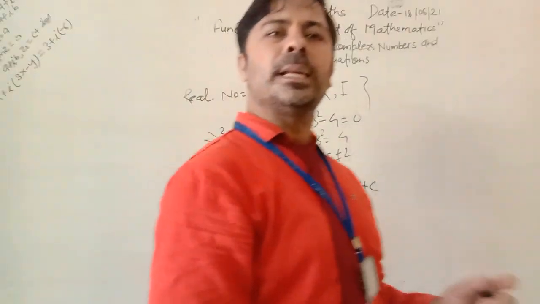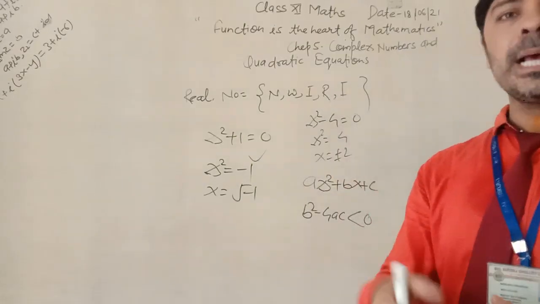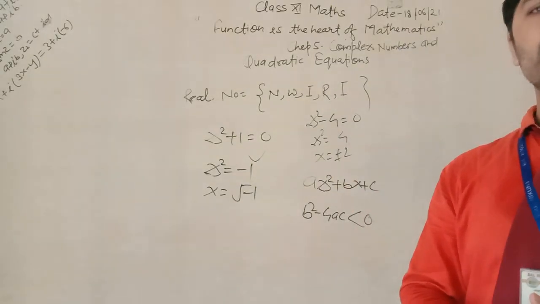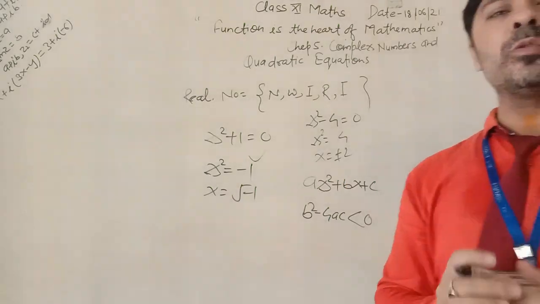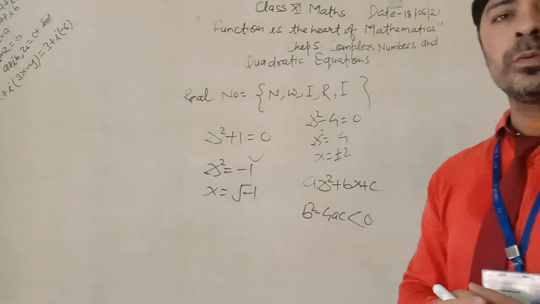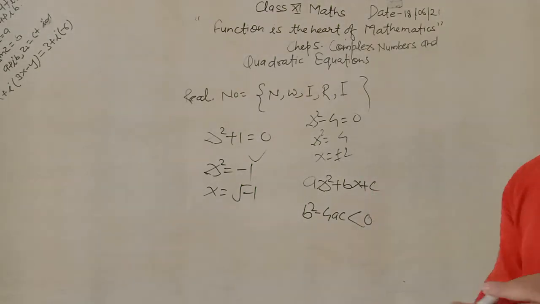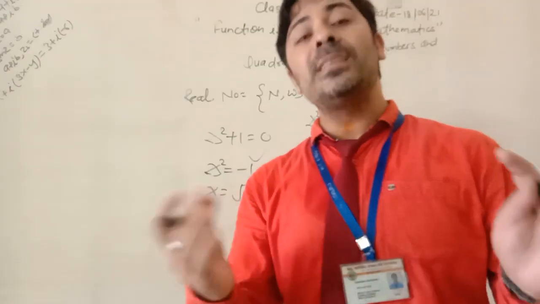You know that for greater than or equal to zero, a root is possible. In class 10th you already studied: if b square minus 4ac is equal to 0, then there are two equal real roots. If b square minus 4ac is greater than 0, then there are two real and distinct roots.